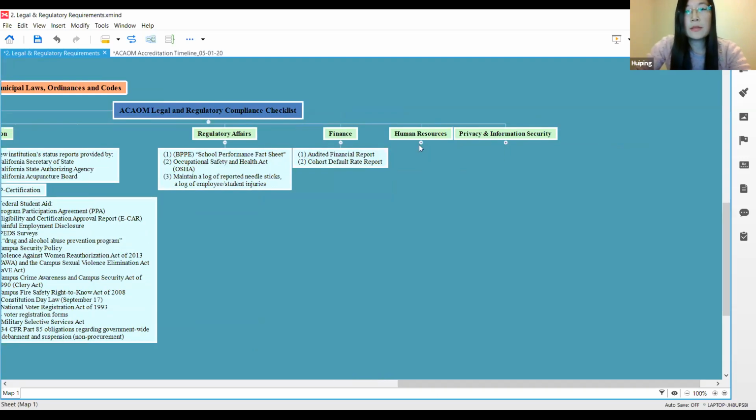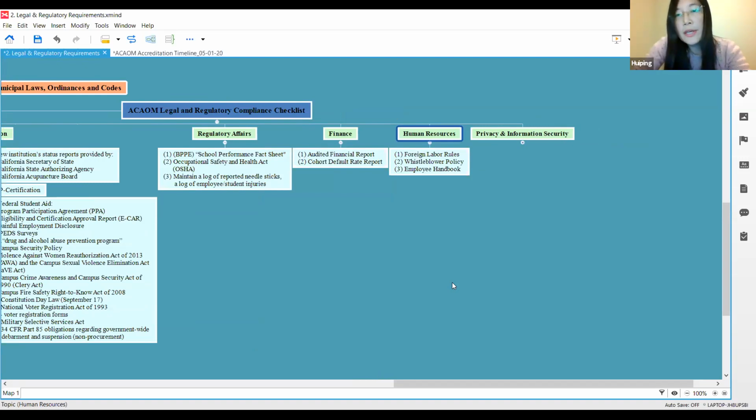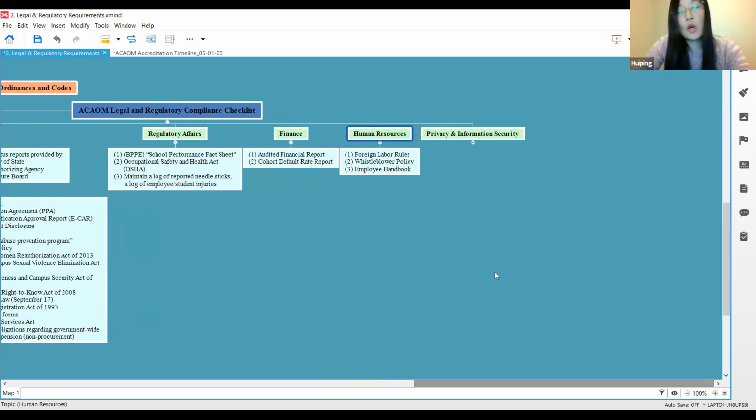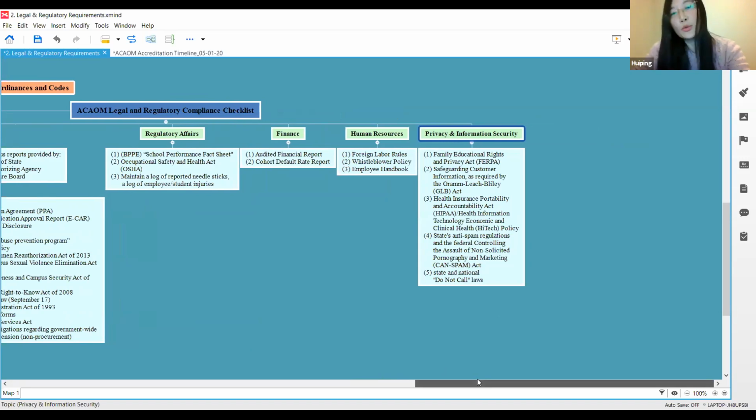The next one is human resources. We need to abide by these laws, human labor rules, and the whistleblower policy. Okay, and ACAOM will also check our employee handbook to make sure that we follow all the rules and regulations. Last one, more rules, privacy and information security.